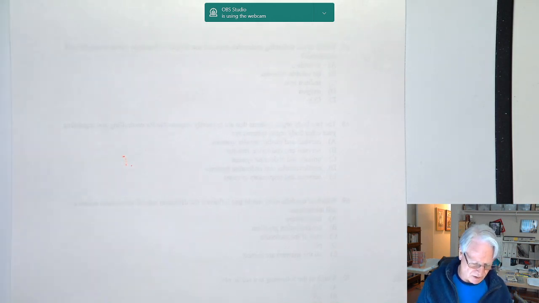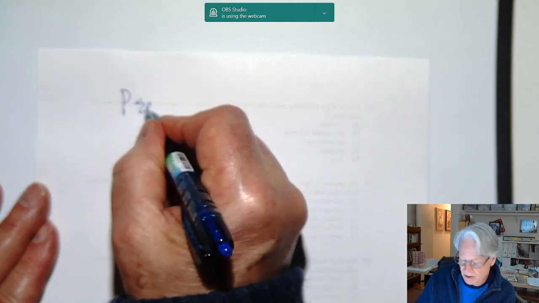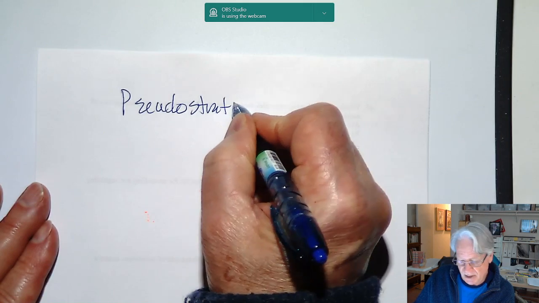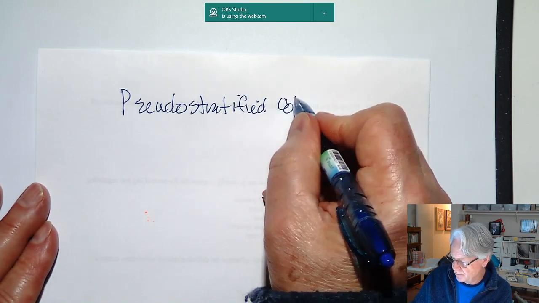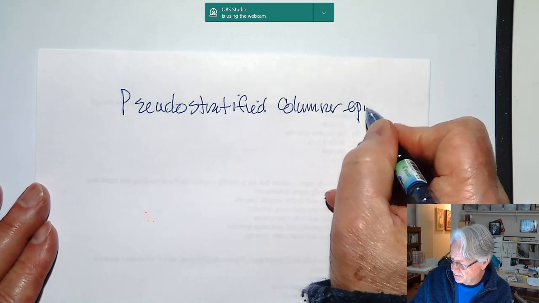Okay, so this will be pseudostratified columnar epithelium.